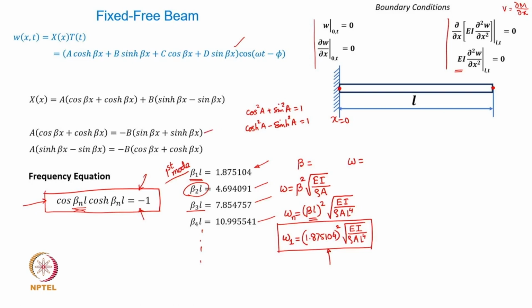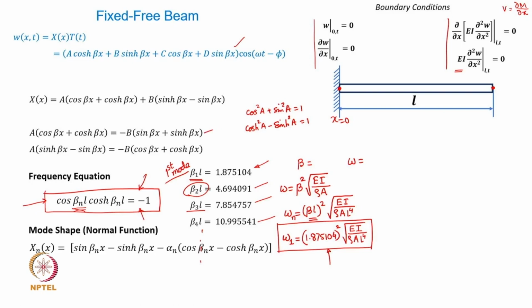And of course you can use this particular equation to get the mode shape expression. So the mode shape X_n(x) is going to be obtained by substituting A and B in this expression, using these two equations that we have got by implementing the boundary conditions, and then it is easy to find that the expression for the mode shape is going to be what you see here, right?